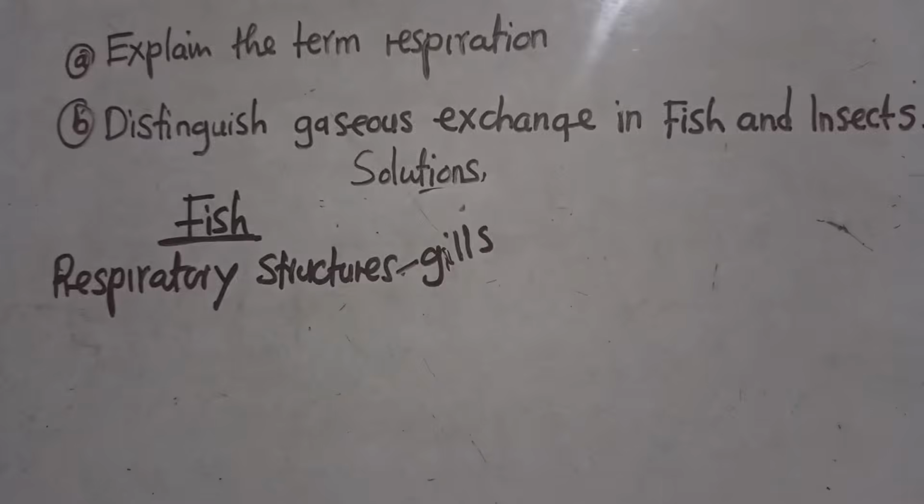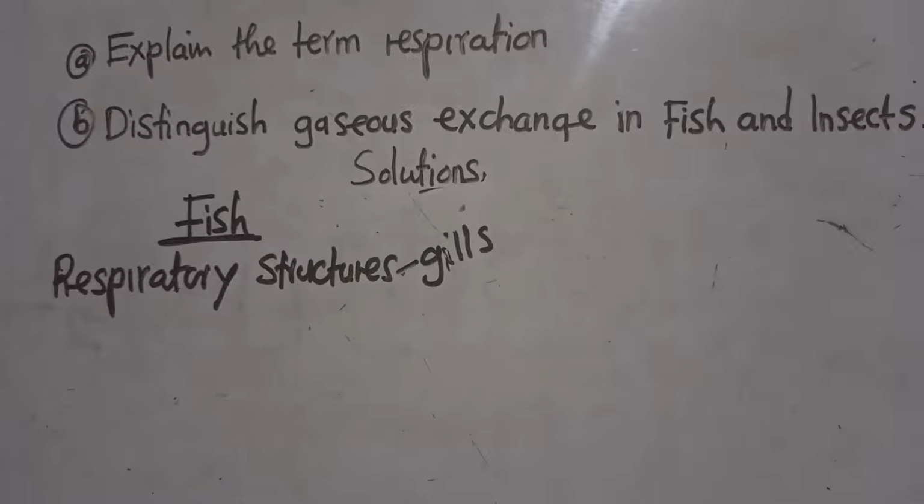Gills are specialized organs located on the side of the fish's head, consisting of thin filaments rich in blood vessels.